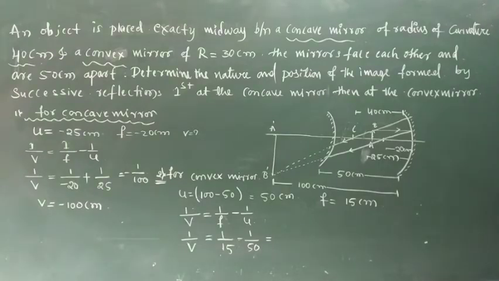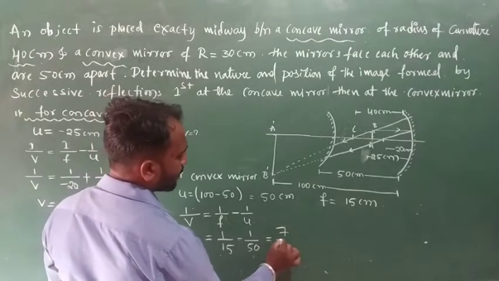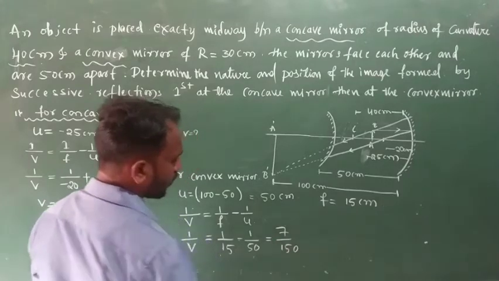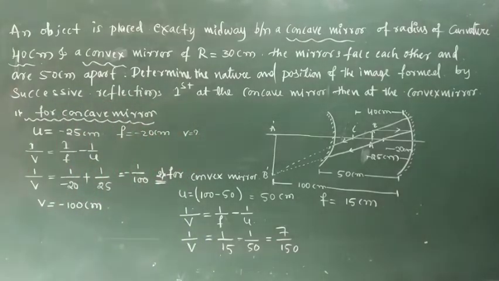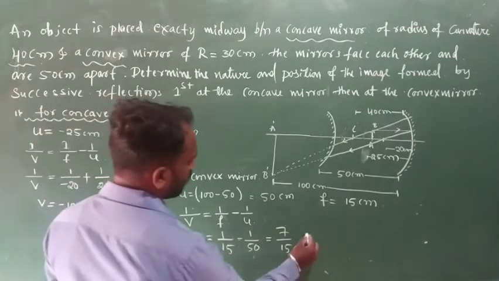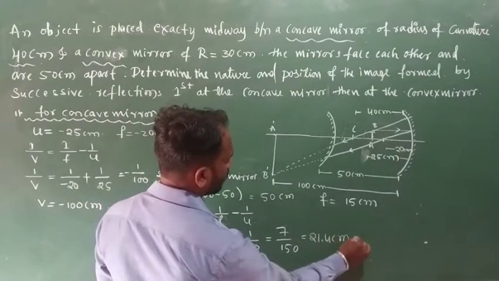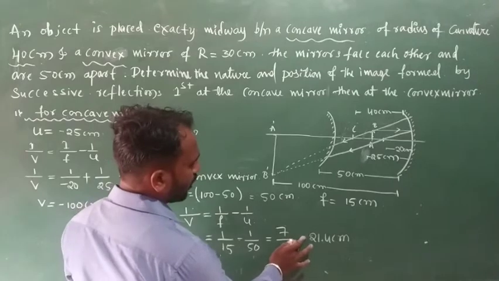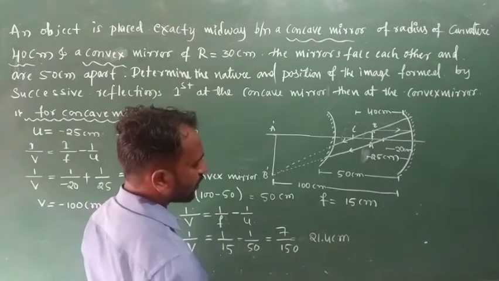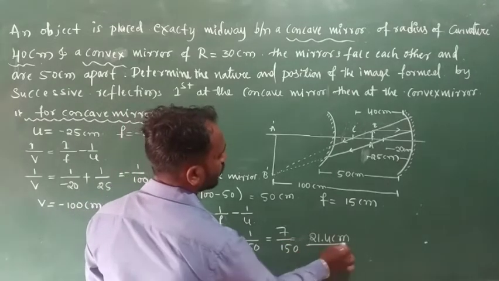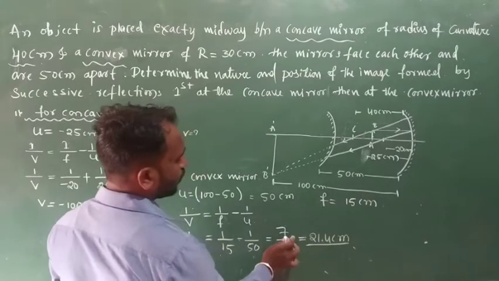It means the LCM is 150. Okay, so 7 divided by 150, which means 21.43 centimeter. So we consider this a positive image distance.